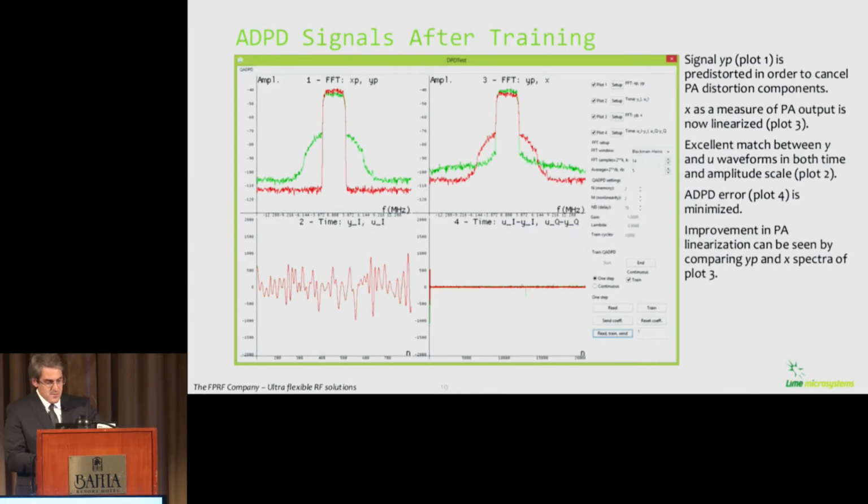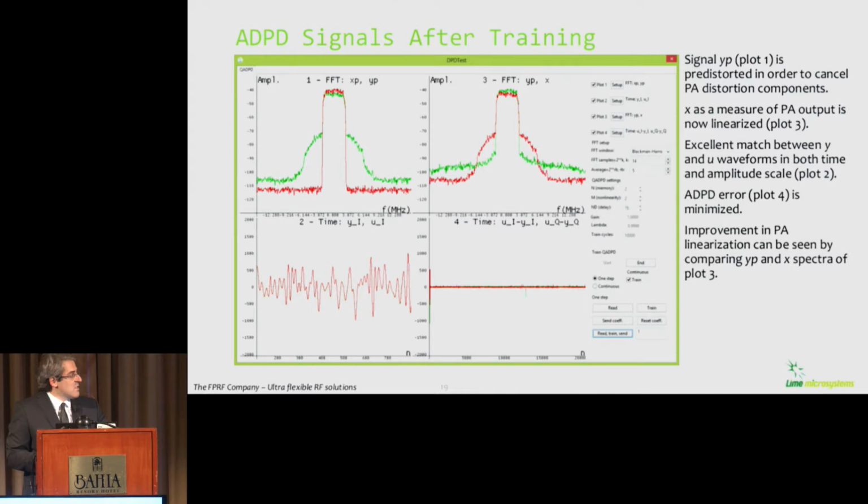So after training, the signal at the predistortor output is predistorted in order to cancel PA distortion components. Now, X, the measure of PA output, is linearized, and that can be seen on figure 3. We got now excellent matching between output signals of predistorter and postdistorter.